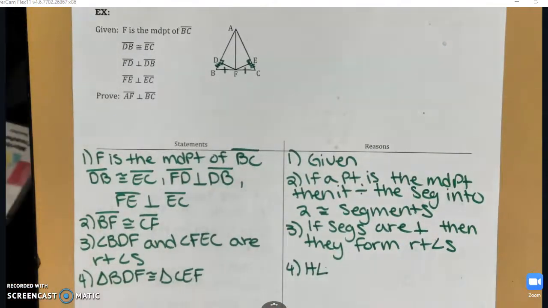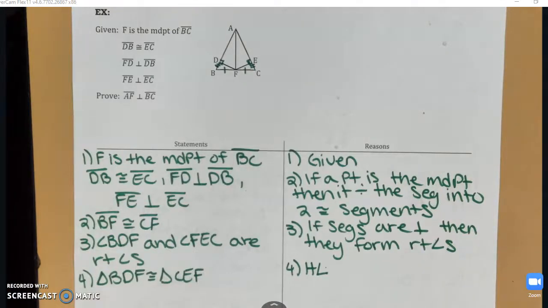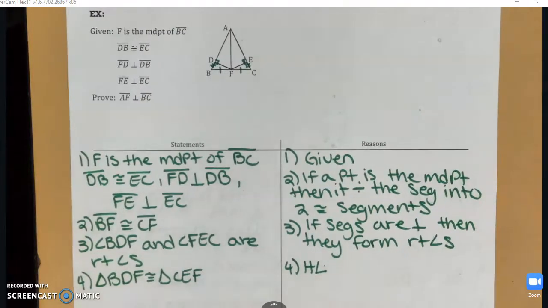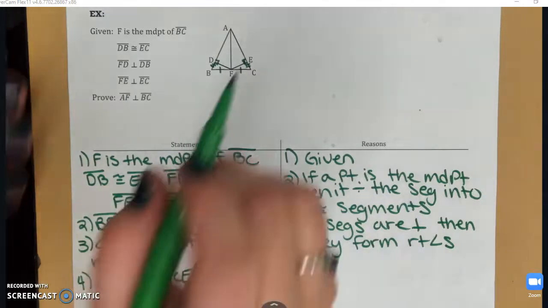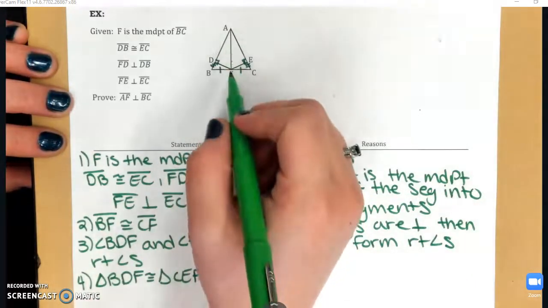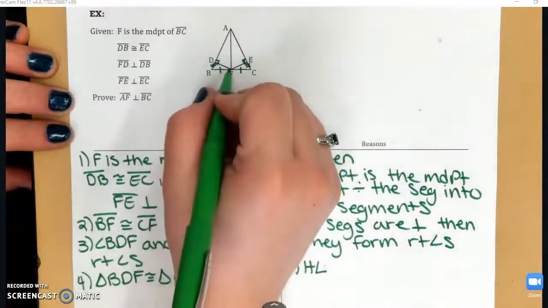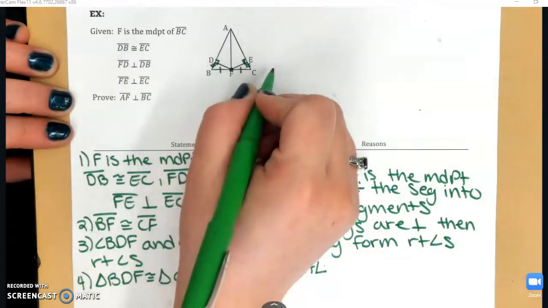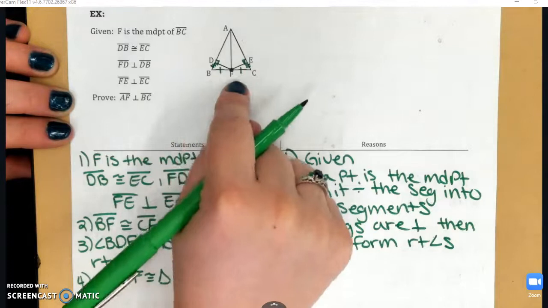Okay, so let's think about a game plan for a minute. I know that I have congruent triangles by hypotenuse leg, and I'm wanting to show that AF is the perpendicular bisector. So I already know it's the bisector, but I want to show that it's perpendicular. And remember, the way that we do that is by saying that the 2 points are equidistant from the endpoints. Well, I know F is already equidistant from the endpoints because FB is congruent to FC.